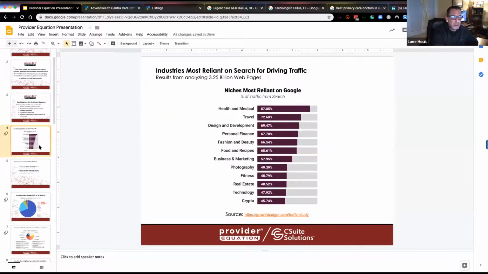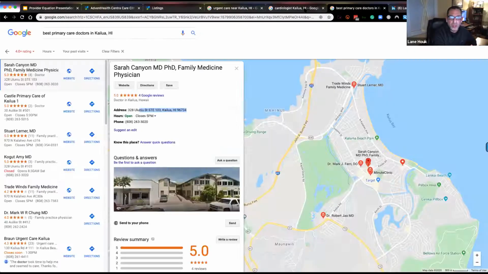Even if it's not as important or as influential on the island as it is on the mainland, this data is still relevant and true. So focusing on Google, Lisa, you're right on. Google's still going to be the largest driver of traffic even on the island, right?